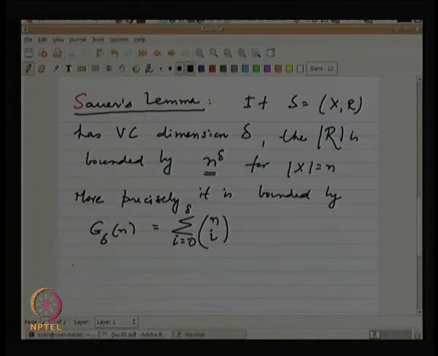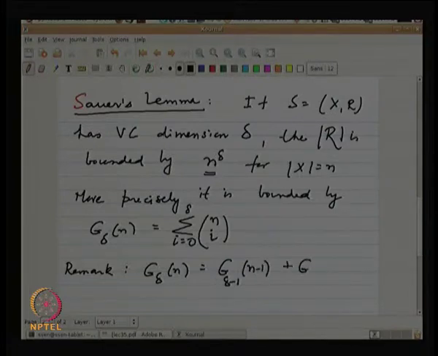And just as a remark, and we will use that property for the proof, G(delta, n) is G(delta minus 1, n minus 1) plus G(delta, n minus 1). The familiar recurrence for choosing delta objects from n objects.